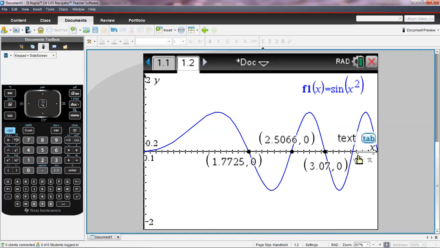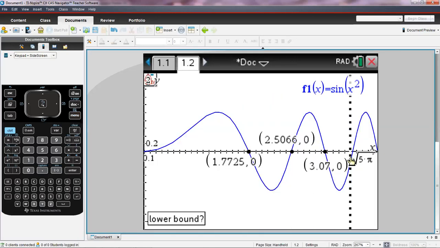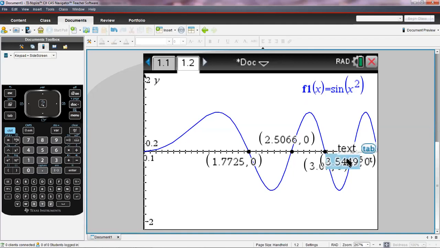And then this, I know this is square root of 5 pi, this at the end, correct? So I'm going to put the last one, menu, analyze graph, zero. So here is, let me just take this one right here, correct?